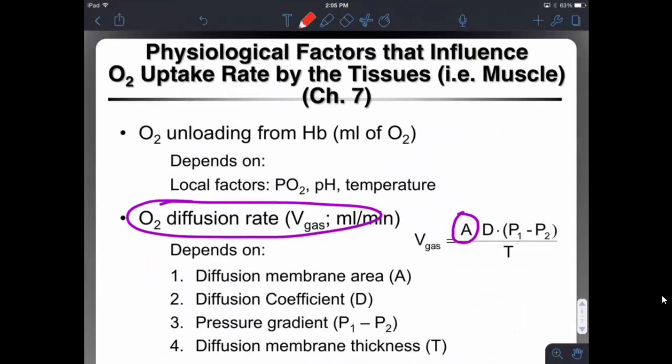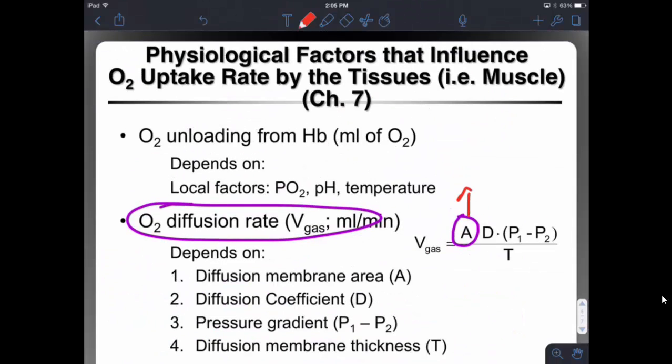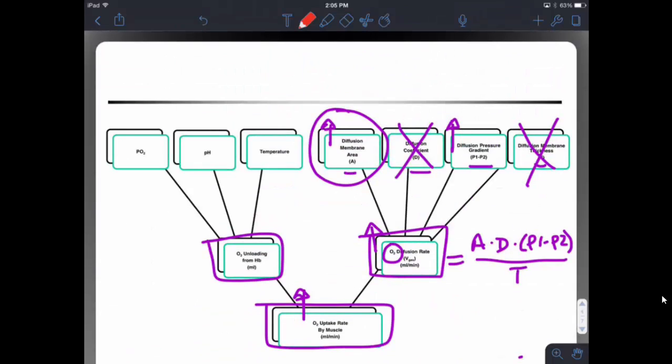With more diffusion area, we are going to be able to diffuse gases faster. If we can diffuse gases faster, we can take more oxygen up, we can achieve a greater AVO2 difference, and we can achieve a greater VO2max.